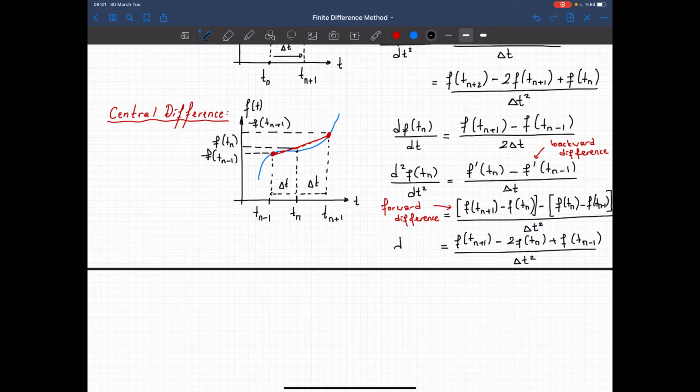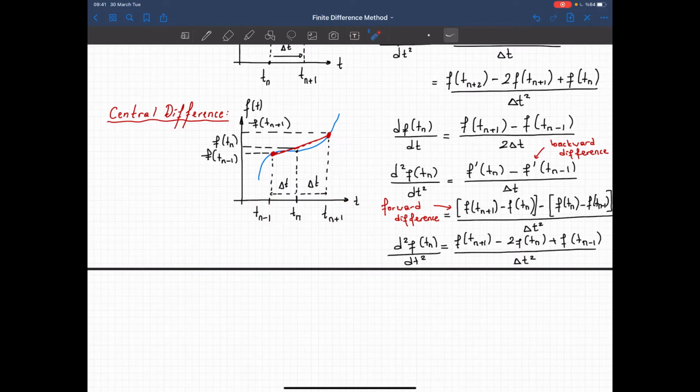And that's the second equation for the second derivative. Again, we call it the central difference because even in the second derivative we are using the current time step, the previous time step, and the next time step.